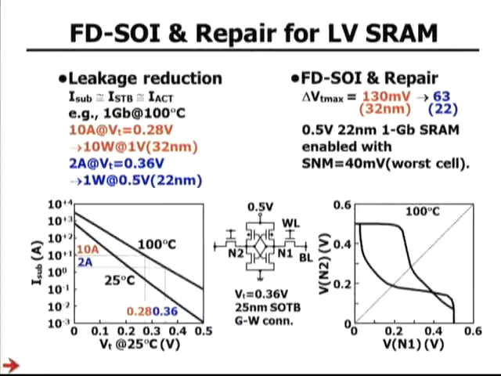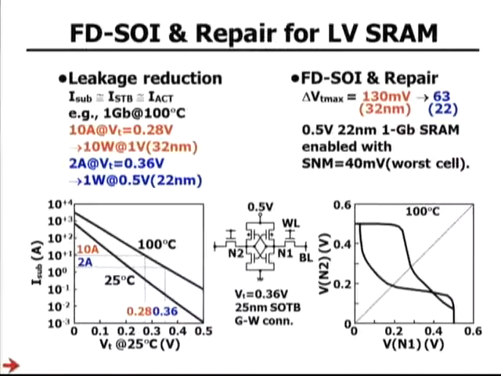The current is reduced to 2 amperes if VT can be increased to 0.36 volt, and thus 1 watt, if power supply is reduced to 0.5 volt in the 22 nano generation.